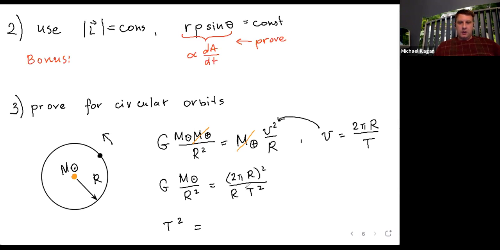Technically, there is r squared here, but we cancel one r, so it becomes r, and then times r squared from here, that becomes r cubed. So you already see that this works, right? We need T squared to be proportional to a cubed, and a equals r for a circle, obviously. Now, what is the rest of the equation? Let's carefully collect that. We have 2 pi squared, which gives us 4 pi squared over G M of the sun.